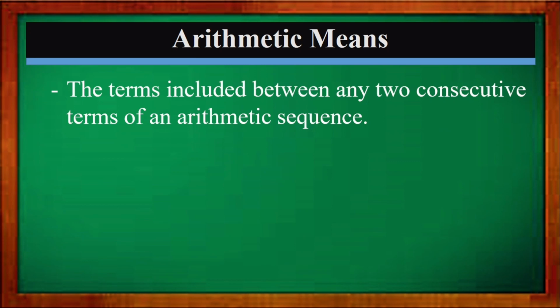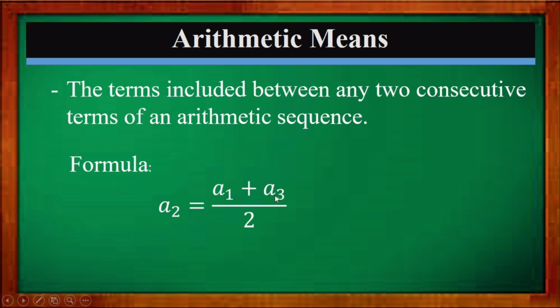So in short, if we have three terms, the second term is the arithmetic mean. And if we have four terms, the two middle terms will be our arithmetic means. Simply as that. And the formula in getting the arithmetic means is this one: A sub 2 equals A sub 1 plus A sub 3 all over by 2.